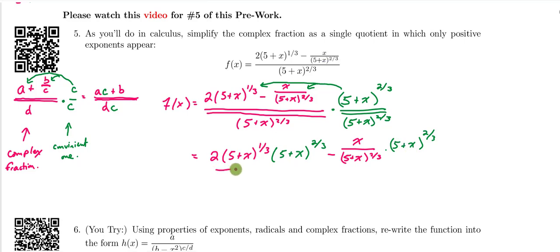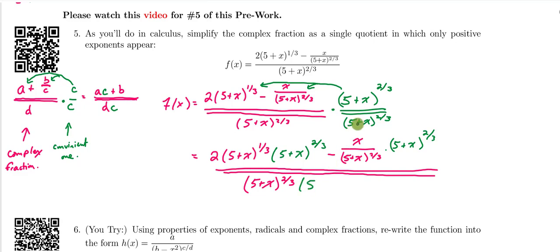Then I'm going to divide this whole expression here by (5 plus x) to the 2/3, that was already there, and then I'll multiply this denominator of our convenient 1 to this factor here, so (5 plus x) to the 2/3.